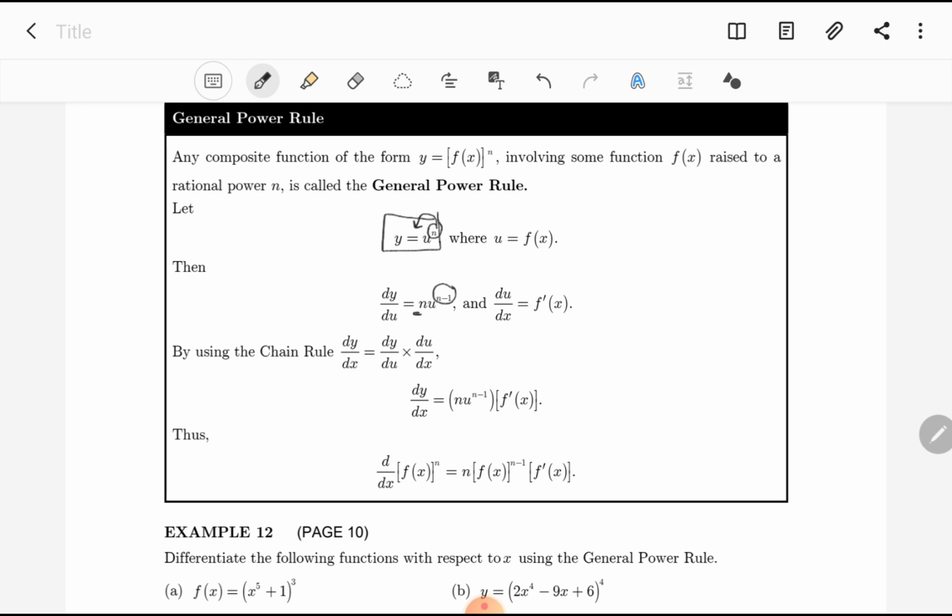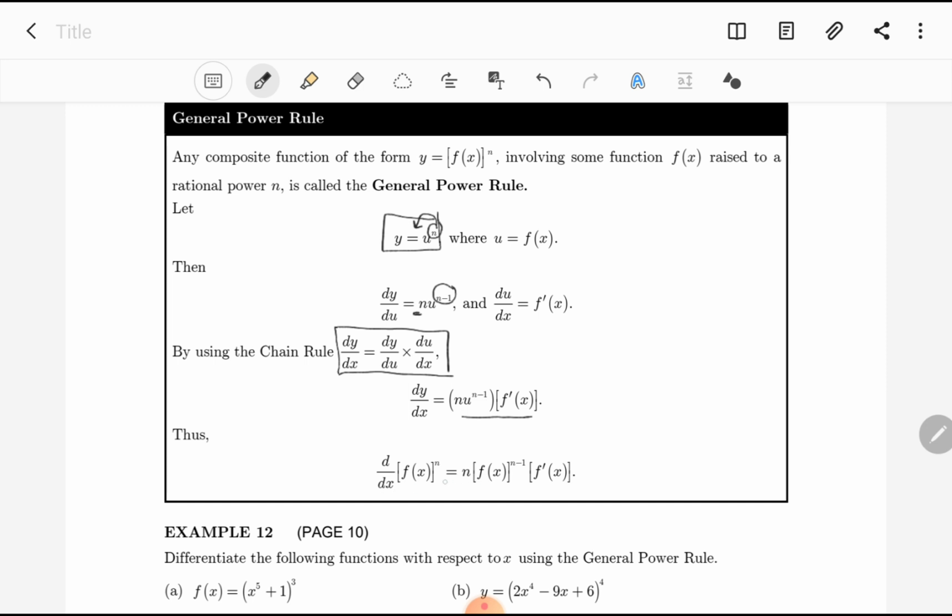We reduce the power by 1. And du/dx equals f prime of x. As previously, this is the formula for the chain rule: dy/dx equals n u to the power of n minus 1 times f prime of x.